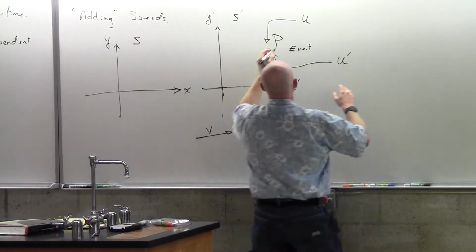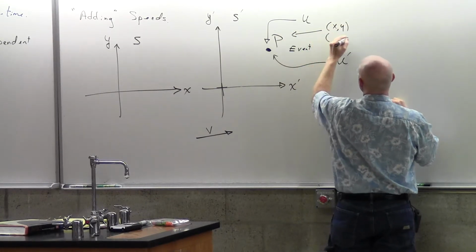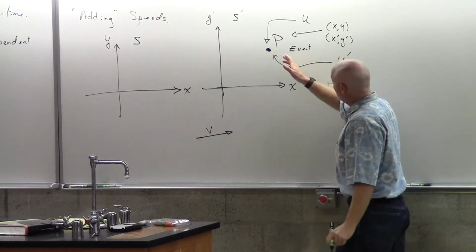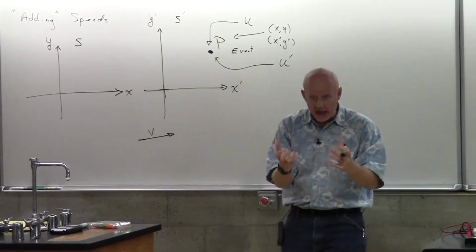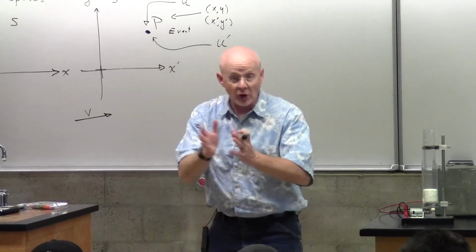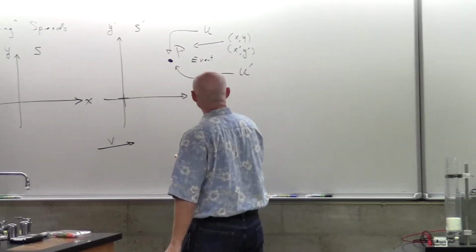And maybe I should have put this. So point P can be either labeled as X, Y or X prime, Y prime. And so these 2 different people are measuring 2 different locations based upon their coordinate system. And the 2 coordinate systems are moving relative to each other. That's what the velocity v is.